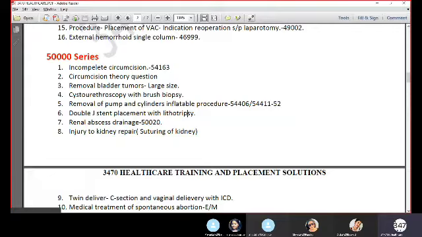Coming to circumcision, how are they doing circumcision using a clamp or device with regional dorsal penile ring block mentioned? Then what is the code?